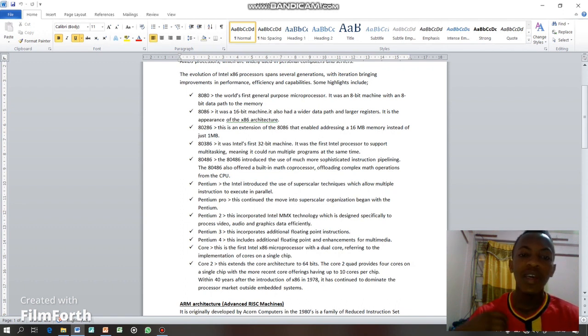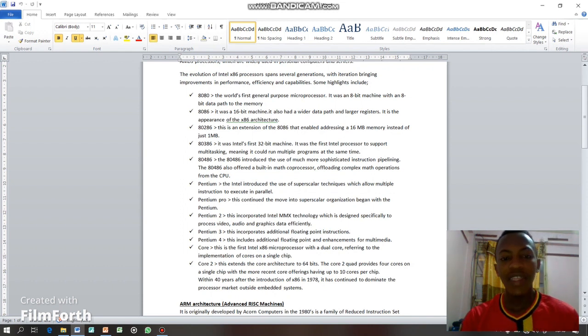That means the introduction of the 80486 enabled the processor to start performing mathematical operations easily, because it offered a built-in math coprocessor which enabled offloading of complex math operations from the CPU. So that enhanced the processor to perform more efficiently.